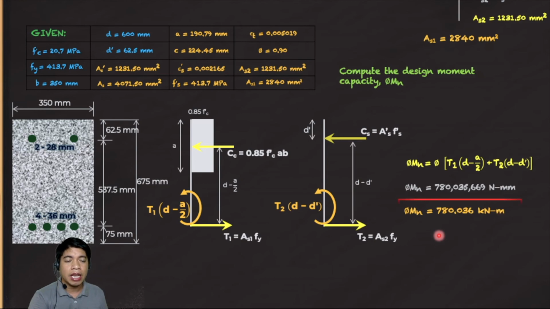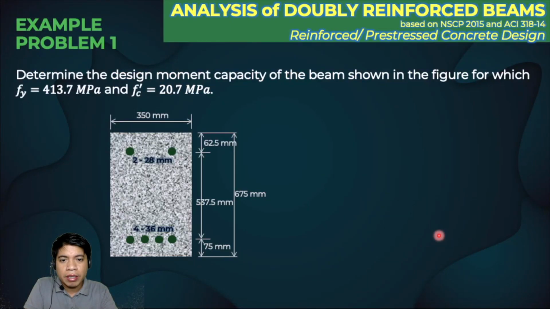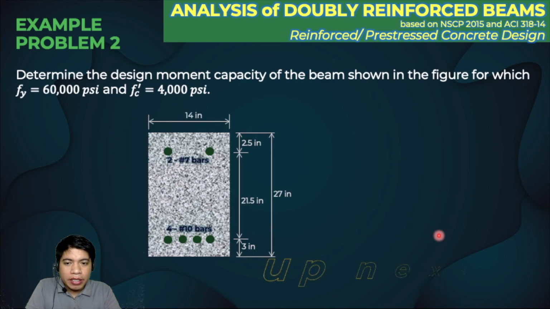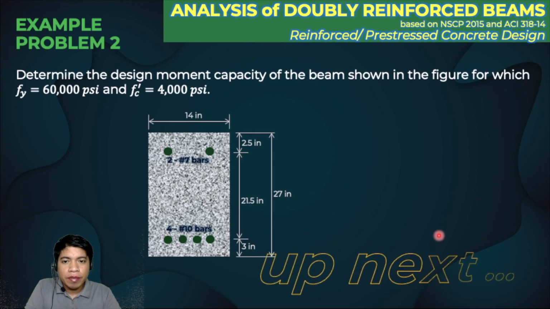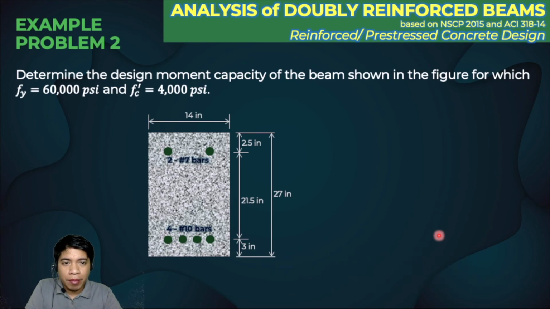At ito na nga guys, yung ating sagot na design moment capacity sa problem. Okay, so I hope naintindihan nyo guys yung ating solution. So, para sa problem na 'to, yung ating sagot dito is 780.036 kilonewton meter.